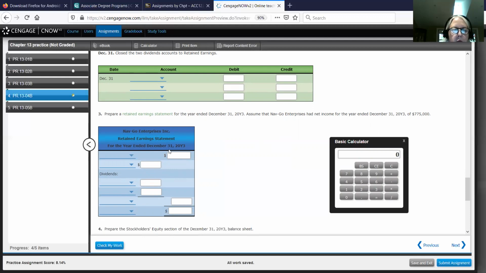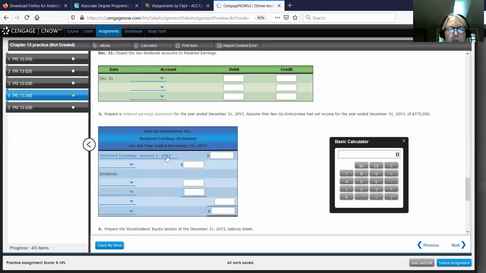Notice it's prepared for a time period too, just like if you were preparing the statement of owner's equity, you would be doing that for a time period. Since this is a corporation, the retained earnings statement is prepared for a time period. We're going to start with the beginning retained earnings balance. This would start at the beginning of the year.